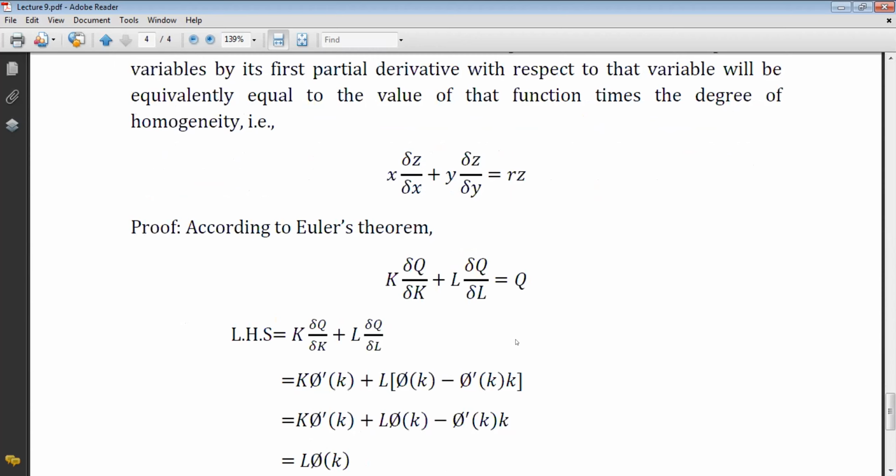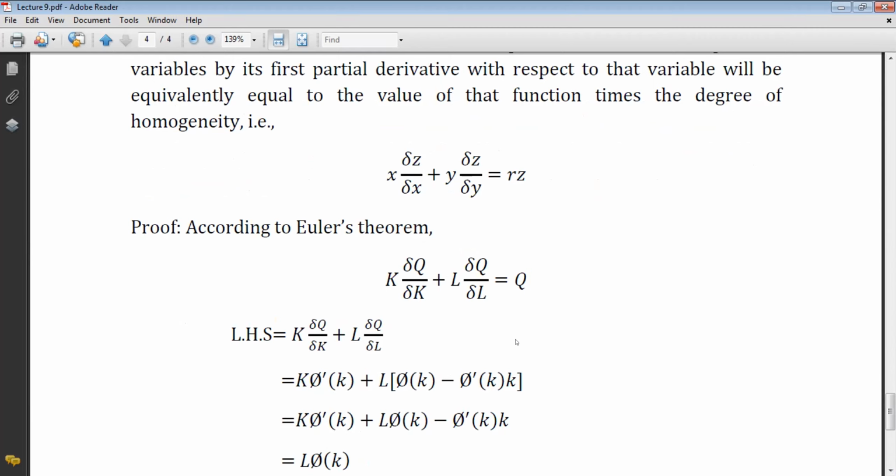Our linearly homogeneous production function is q, a function of k and l. So according to Euler's theorem, here x means k. Am I right? Yes, ma'am. Okay, x means k, then z means q. So del z divided by del x means del q divided by del k. Then we have to sum. Here is the plus sign.